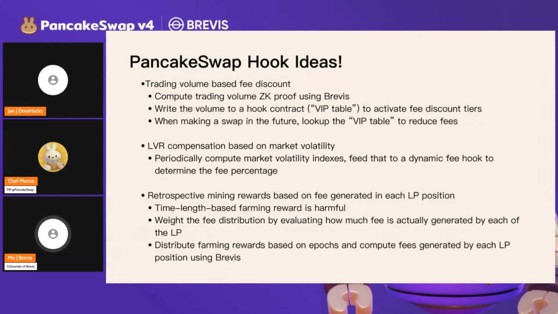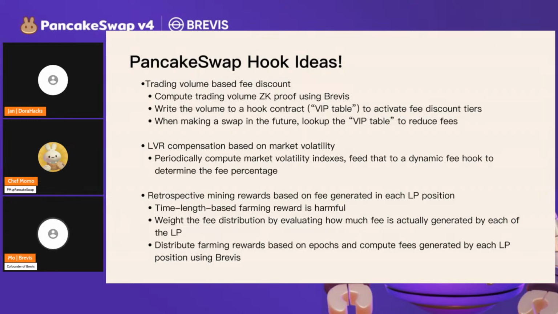But with Brevis and PancakeSwap, you can now have a liquidity pool that has the functionality to dynamically adjust the fee based on the historical volatility of the trading pair.